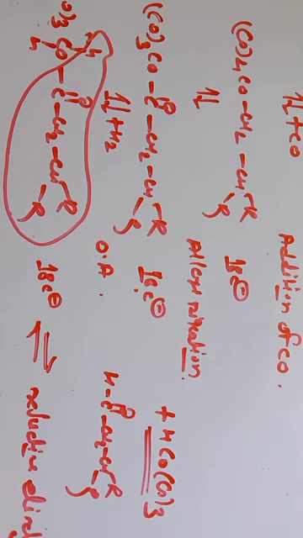So the 18 electron species is converted into a 16 electron species. The next is oxidative addition of H2, again the 16 electron species is converted into 18 electron. Finally the 18 electron species undergoes reductive elimination to give your product, and the active catalyst remains as it is. So this is all about the oxo process.